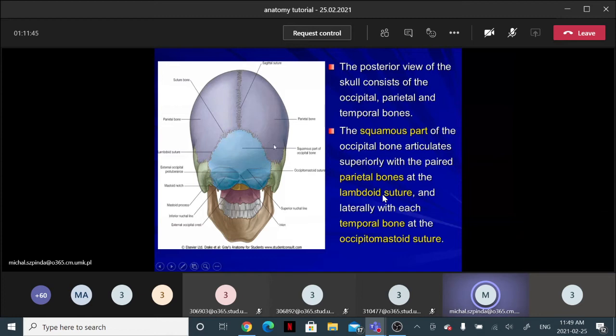So between two parietal bones may be the interparietal bone.